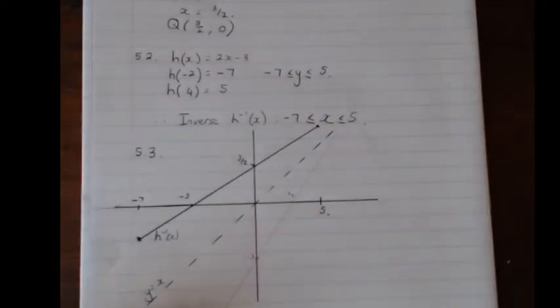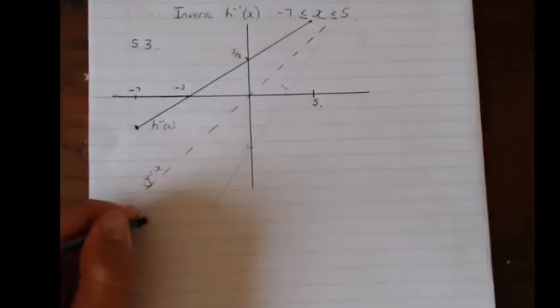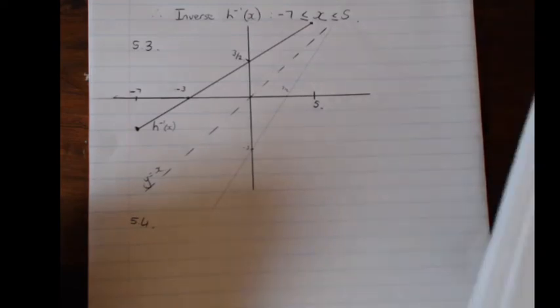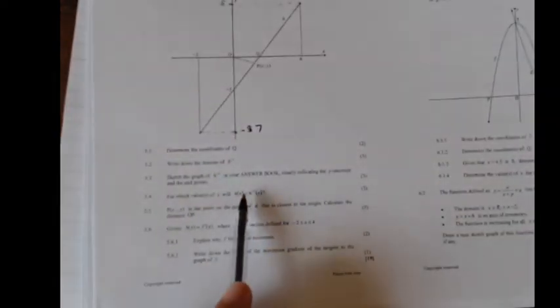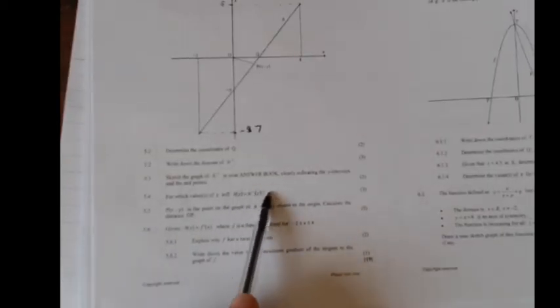Right, question 5.4 says, for which values of x will the function h(x) be equal to the inverse function h⁻¹(x)? Now I can do this algebraically, but I must first calculate the equation of the inverse function.